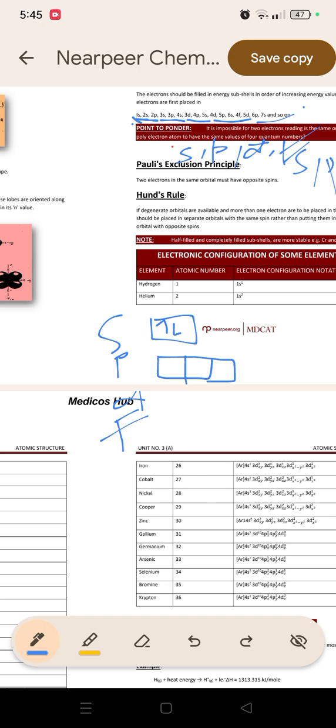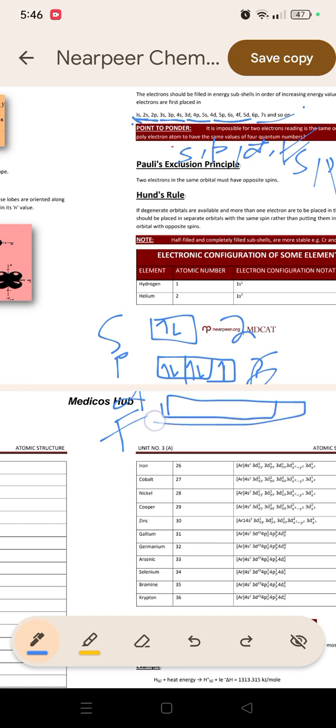So first like this, second opposite, first like this, second opposite, first like this and second like this. This means here are the 2, here are the 6, and in this one we will have 10, because 2, 2, 2, like we make 5 boxes.